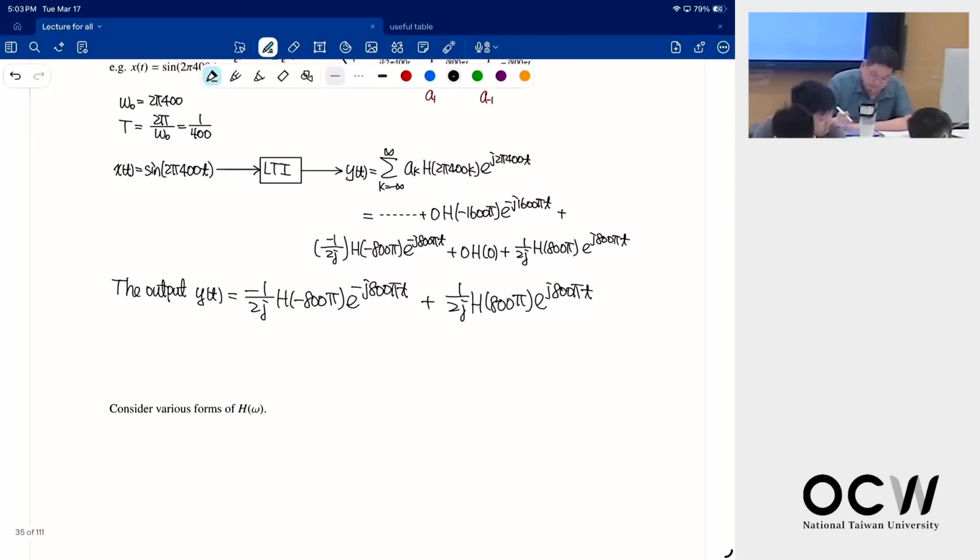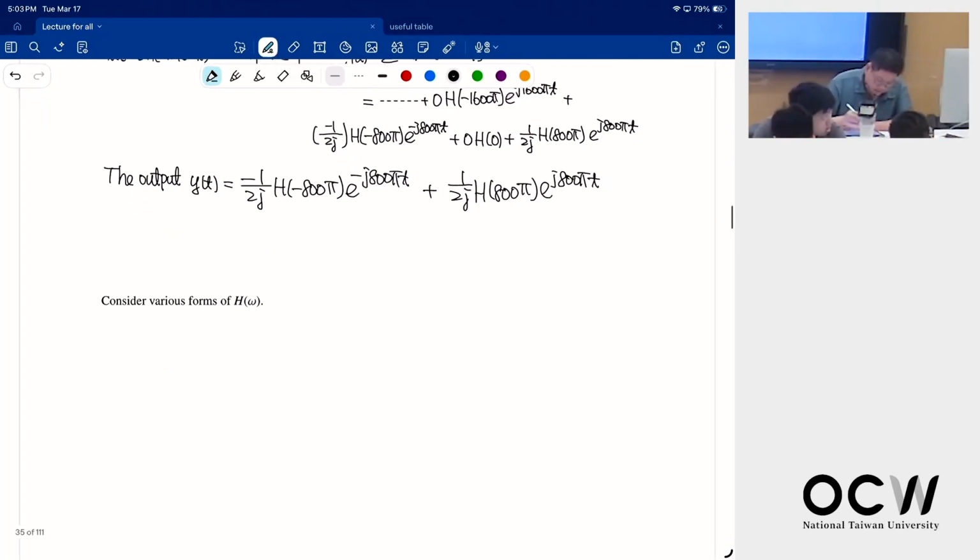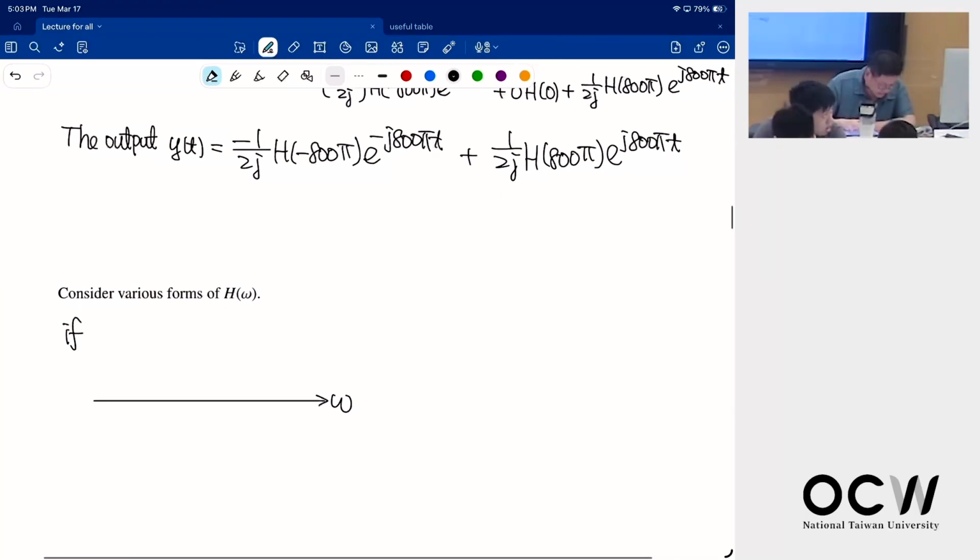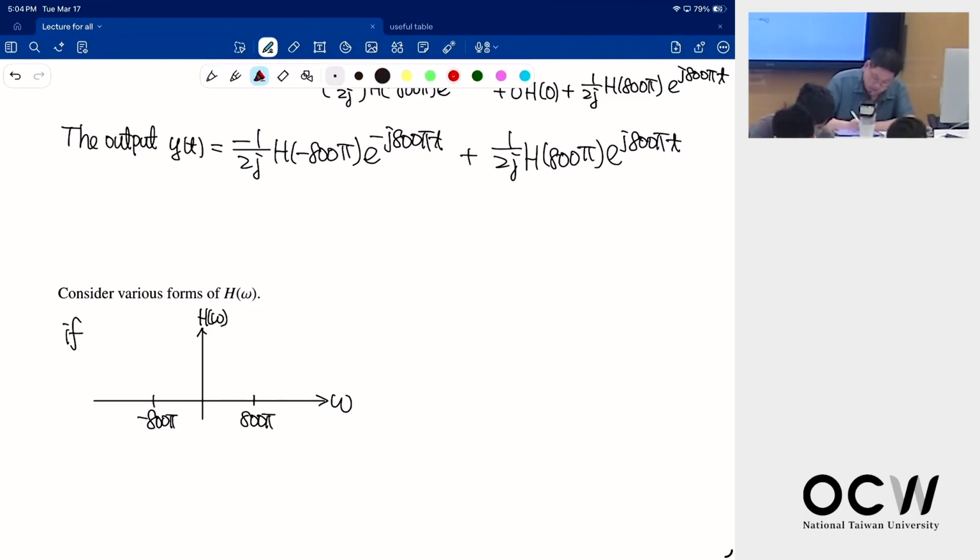If the H of omega looks like this, here is minus 800 and 800, and here is minus 1000 pi and 1000 pi, the magnitude is 1.